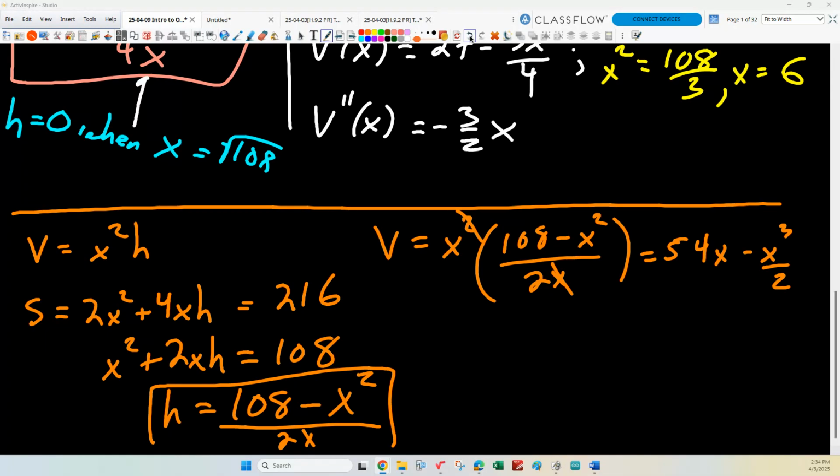Okay, if I differentiate this, v dot equals 54 minus 3/2 x squared. If I solve for x, what am I going to get?